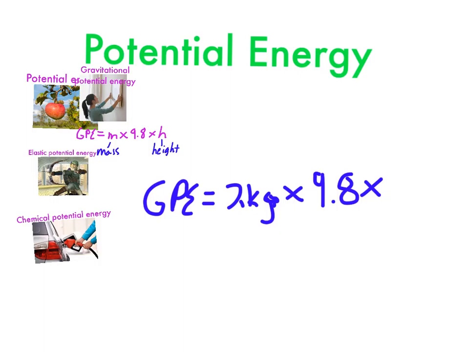And the height here is 3 meters. So if we take 2 times 3, that's 6, times our 9.8, we're going to get about 58 joules. And we will have some more practice later in the week with gravitational potential energy.